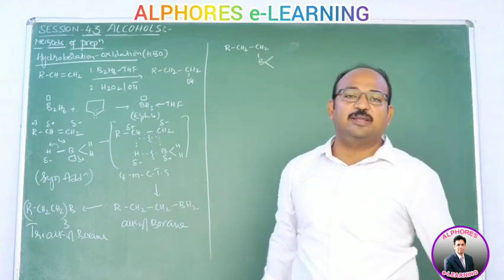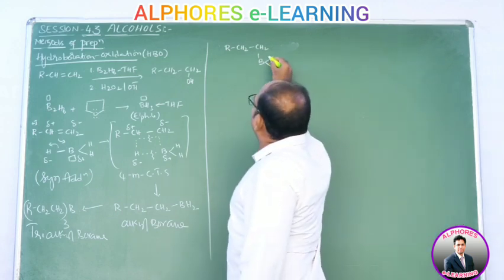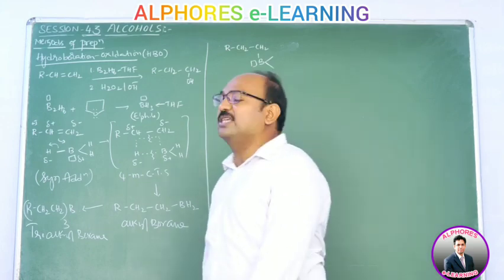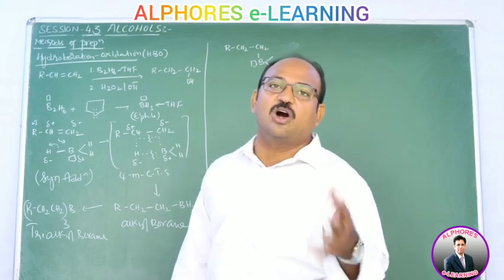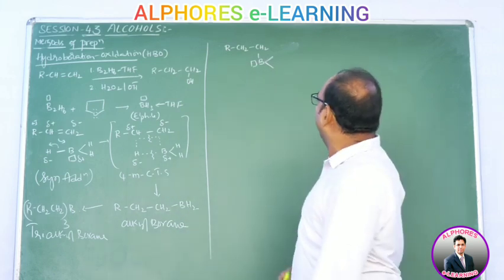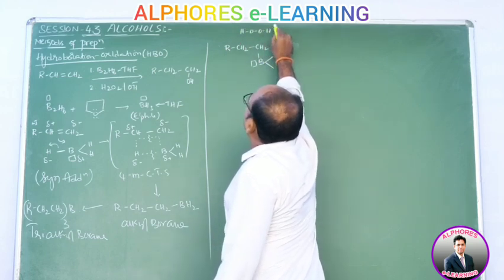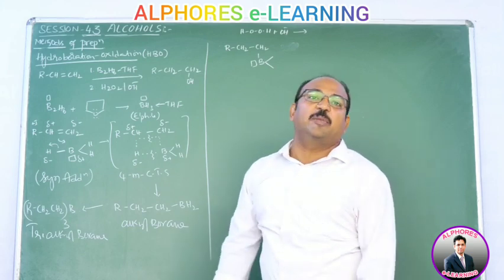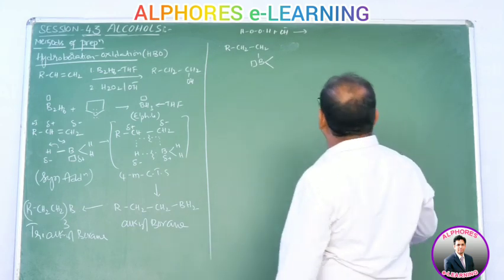Now in this one, boron still has only 3 bonds and 1 vacant orbital, which means it does not fulfill its octet. Now what happened here? Hydrogen peroxide, HOOH, in alkali medium. Since alkali medium means base medium, it extracts one proton from hydrogen peroxide. Then what are we getting here?